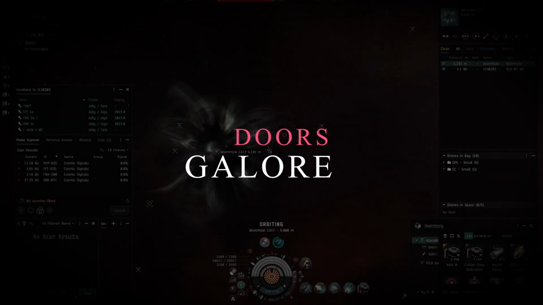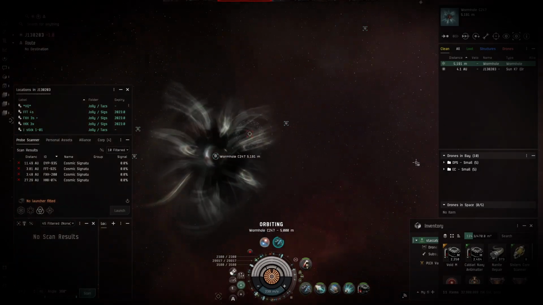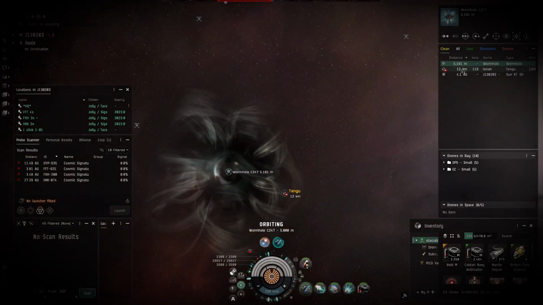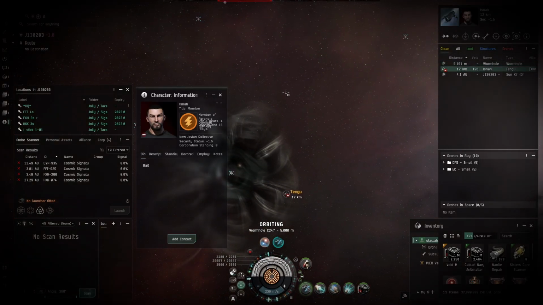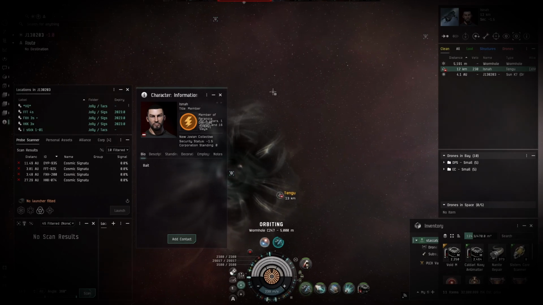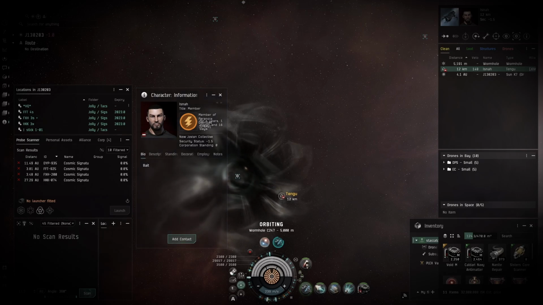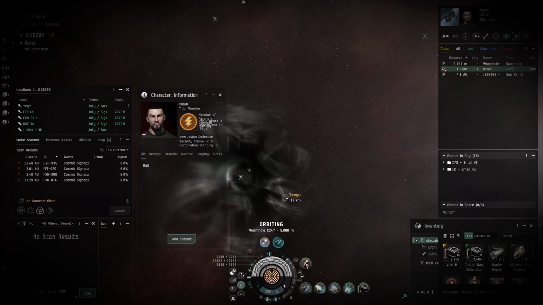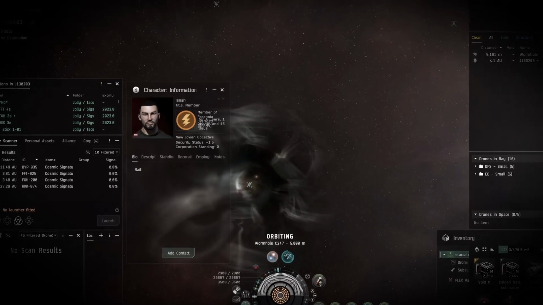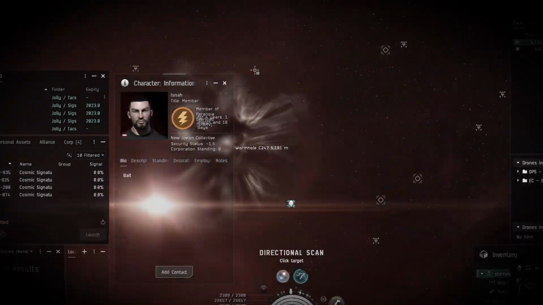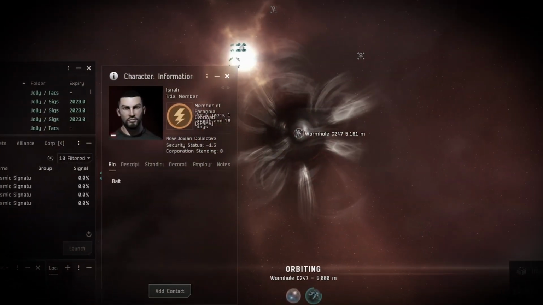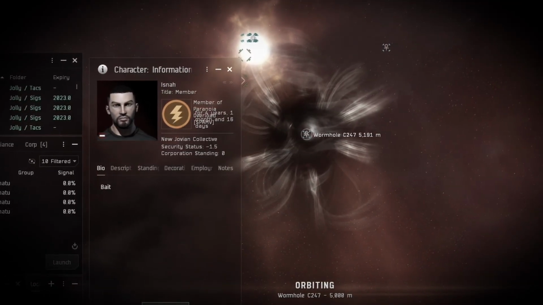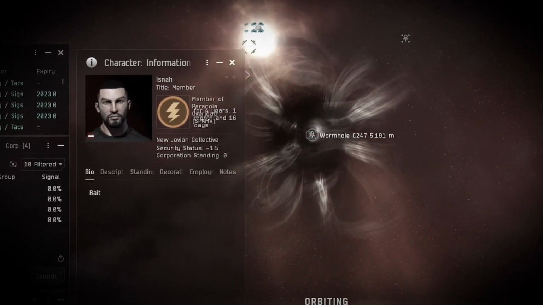Okay, so we understand what the two types of metaphorical doors are in Eve, but we're not actually any closer to understanding what Anoikis, or wormhole space, actually looks like, right? There's no in-game map for Anoikis, and we sure as heck have no obvious means of determining how far away things are without tools like jump drives, but amazingly, many years ago, somebody already did the legwork for us.